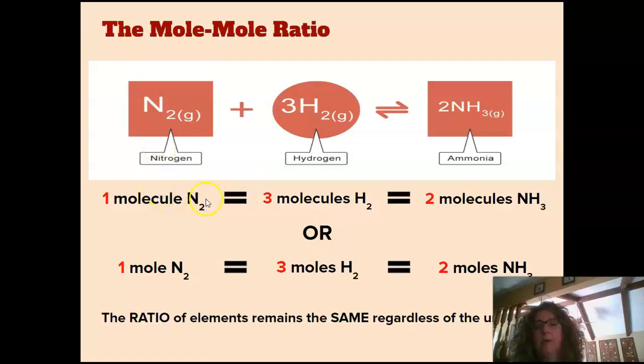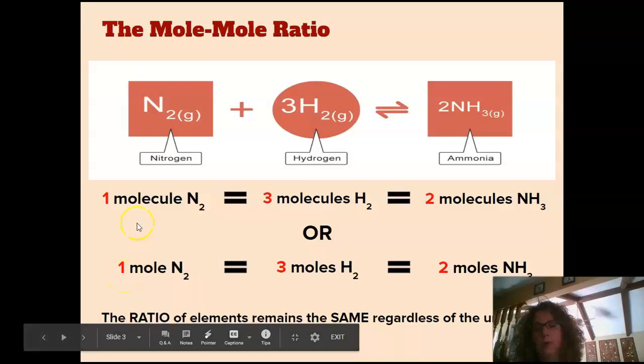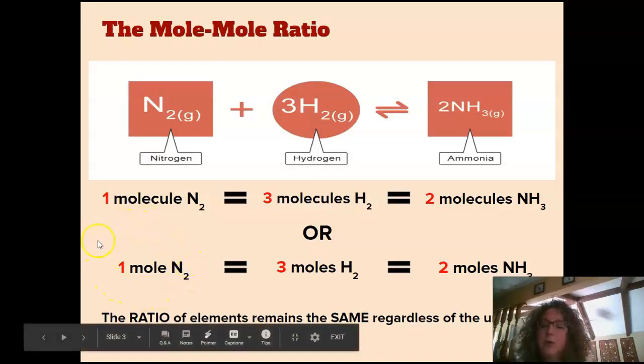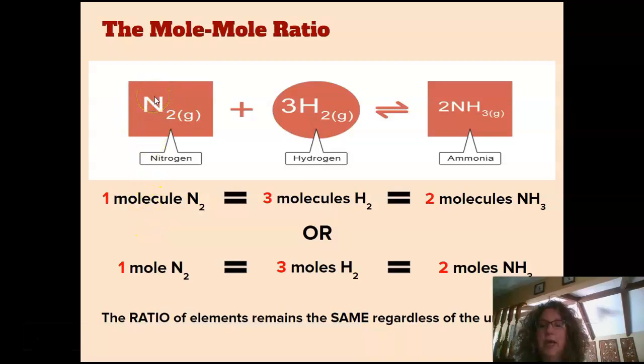If I want to look at that in a larger sample size, I'm looking at a mole instead of a molecule. Molecules aren't convenient to use. We don't work with individual molecules. They're way too little. So we look at sample sizes like the mole. If I have 1 mole of nitrogen, it's going to react with 3 moles of hydrogen, and it will always produce 2 moles of ammonia.